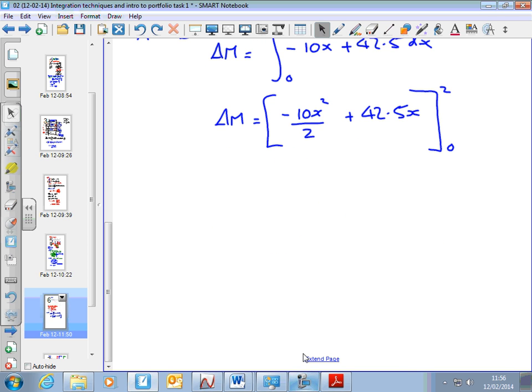We can simplify a bit because minus 10 over 2 is minus 5. So therefore, delta M equals minus 5x squared plus 42.5x between 0 and 2.